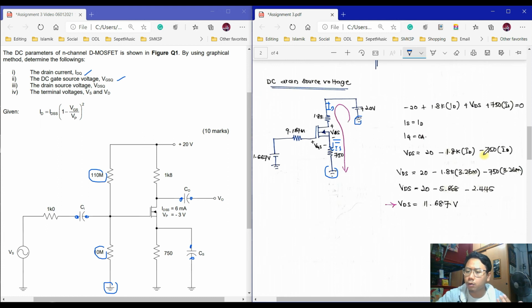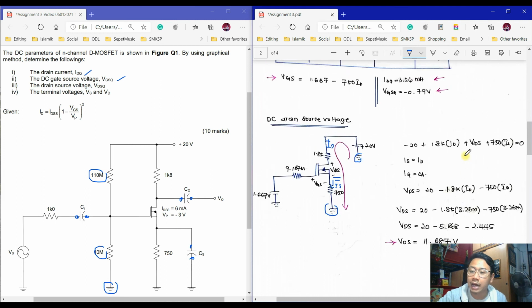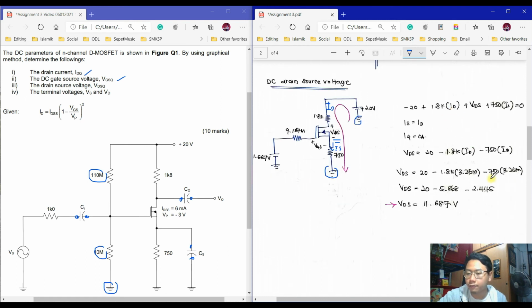Okay, so where do we find the value of ID? For the value of ID, we will use the value before, which is the value from the graph, the IDQ value, which is here, 3.26 milliampere. Then we just enter the value of ID here, and we will obtain the value of VDSQ is equal to 11.687 volts.